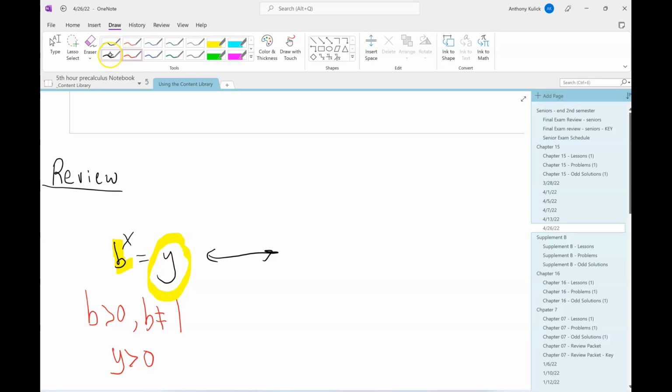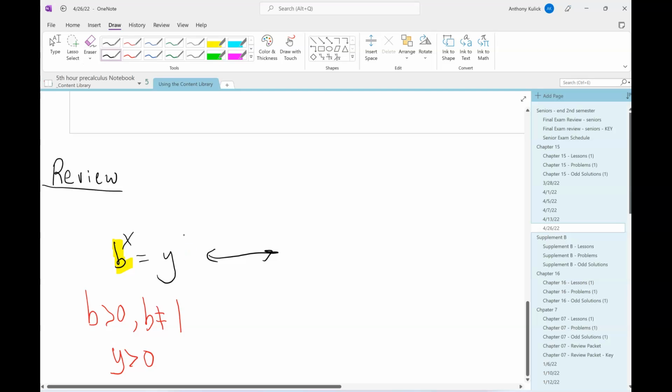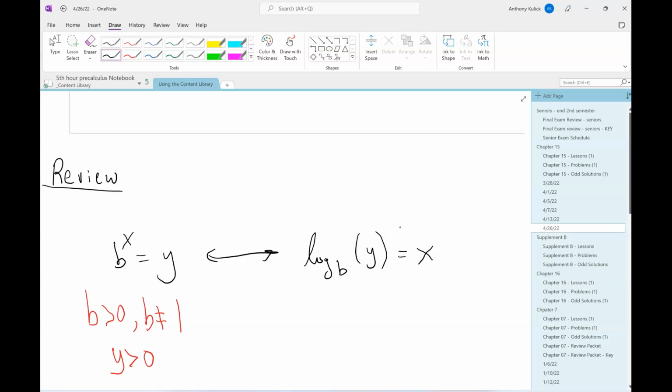Okay. So what we did in the previous chapter is that we defined this new function, a logarithmic function, which is basically the inverse of an exponential function. So this exponential equation, b to the x is equal to y, is the same as the equation log base b of y is equal to x.